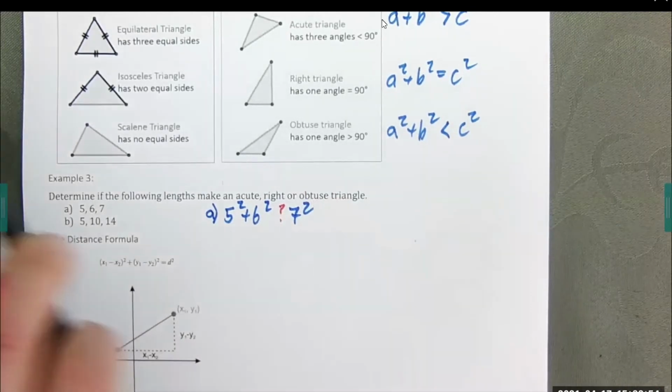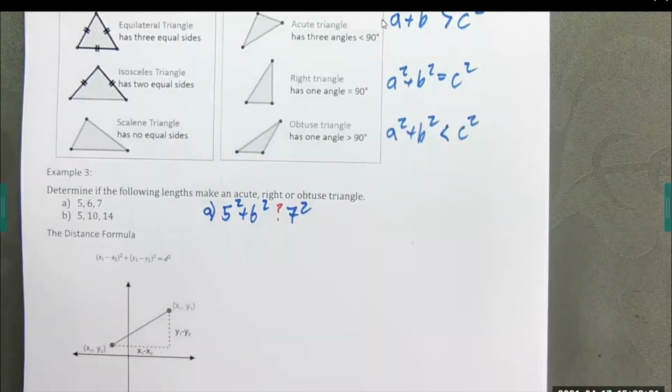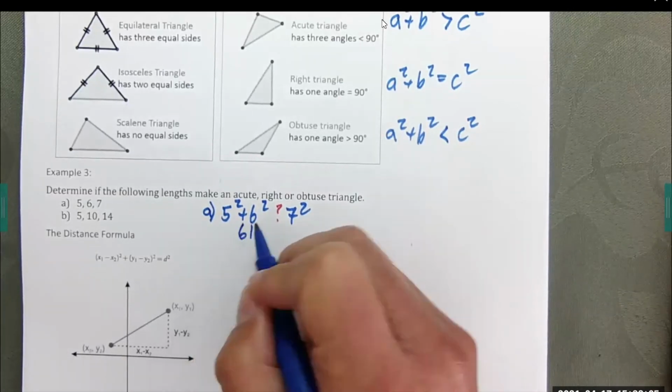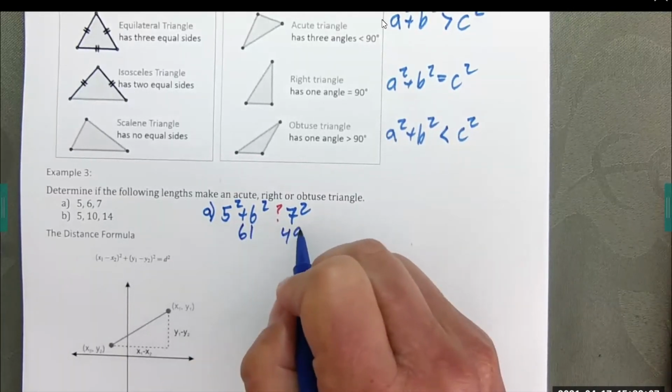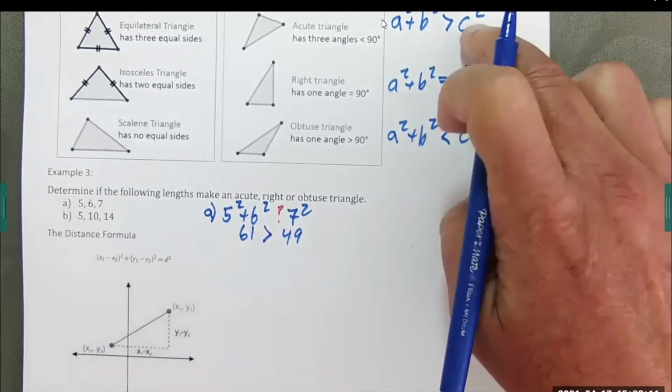So I'm going to do 25 plus 36 is 61. So this is 61, and 7 squared is 49, and we can see this is bigger. This means it's acute.